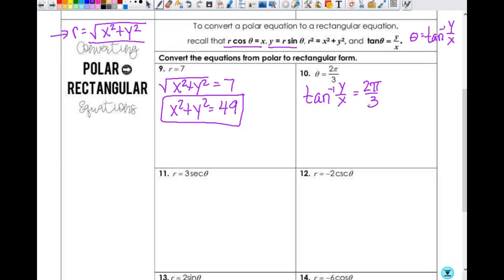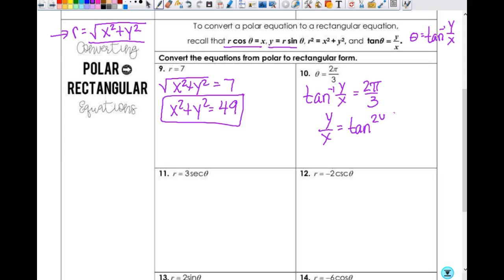Well, if I need to get x and y out of that tangent inverse, what's the opposite of the inverse? No. Reciprocals and inverses are two completely different things. The inverse is the opposite of tangent, so the opposite of the inverse is tangent. If I take the tangent of both sides, this gives me y over x, and this equals the tangent of 2 pi thirds.